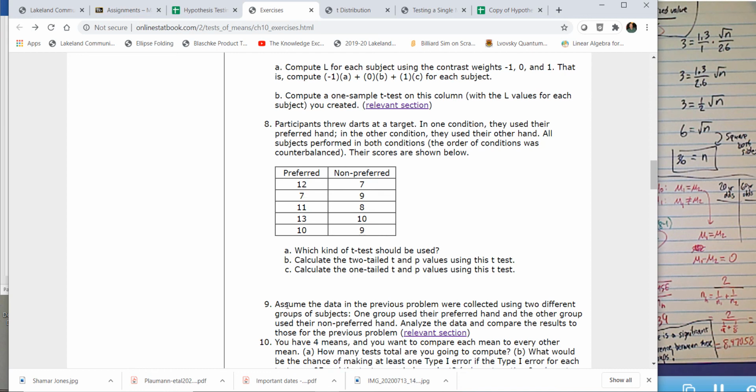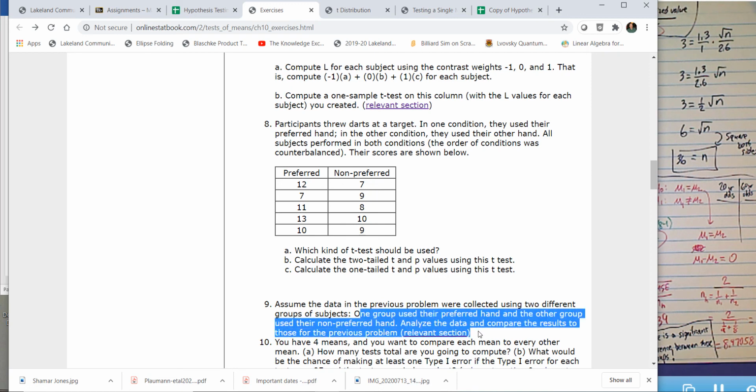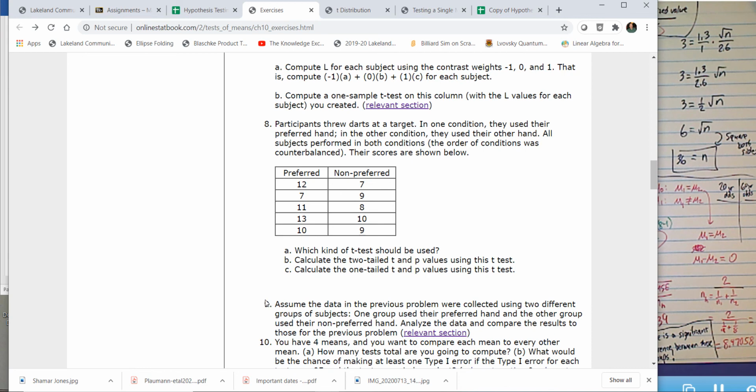But look at question 9. Assume the data in the previous problem were collected using 2 different groups of subjects. One group used their preferred hand and the other group used their non-preferred hand. Analyze the data and compare the results to those for the previous problem. So again, problem 9 would also be a nice problem that could be done that is like problem 3.